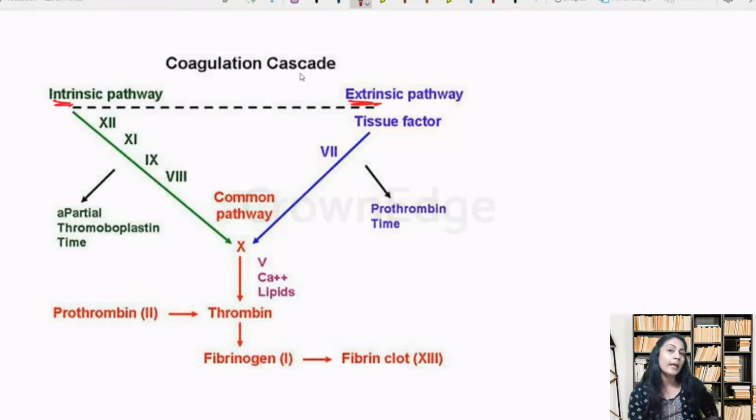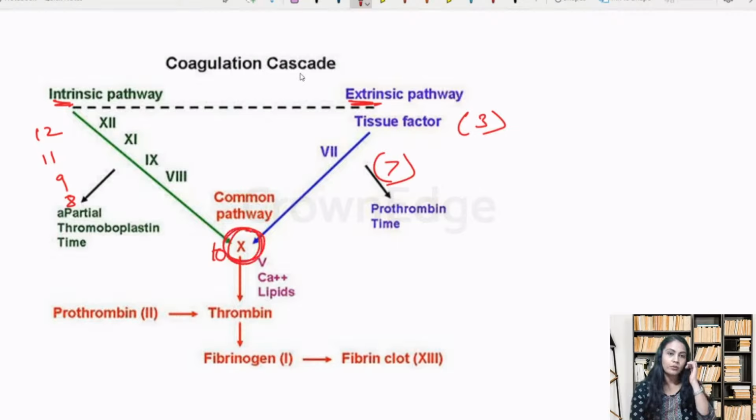What is the pathway which is extrinsic? Factor 12, 11, 9, 8 and 10. Okay, and over here tissue factor or tissue thromboplastin, that is factor 3, factor 7 and then to the factor 10. Okay, then to the factor 10 finally.